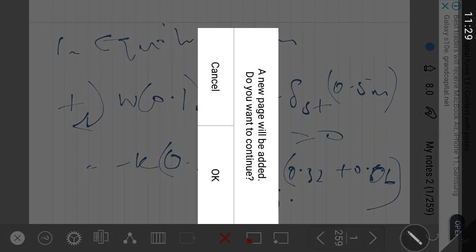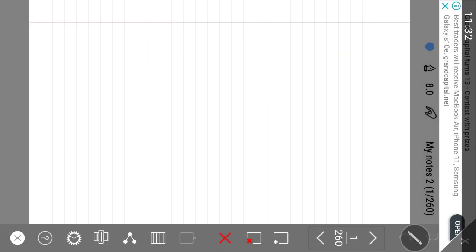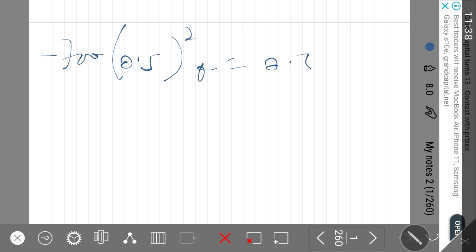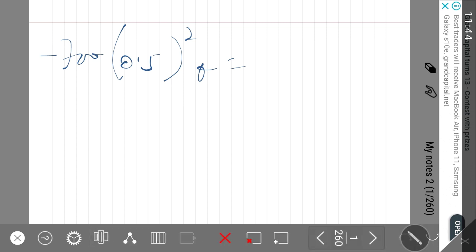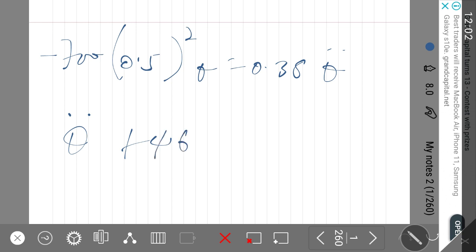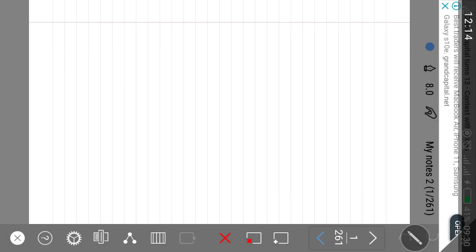Hence, our equation of motion turns out to be minus 700 times 0.5 squared theta equals 0.38 theta double dot, which is theta double dot plus 460.53 theta is equal to 0. This is the equation of motion.